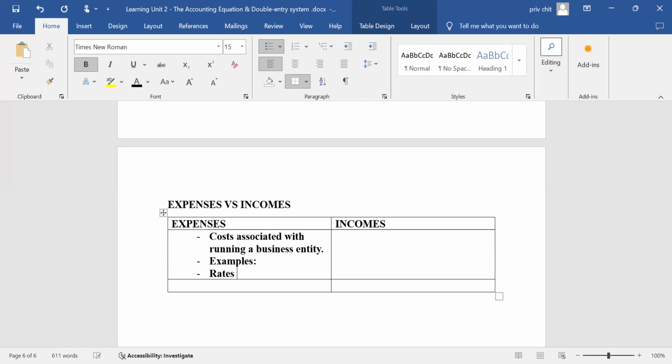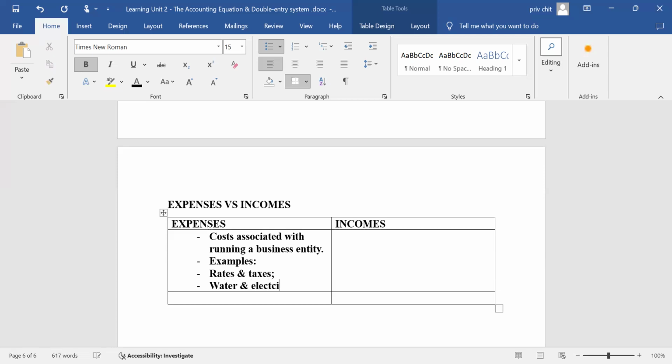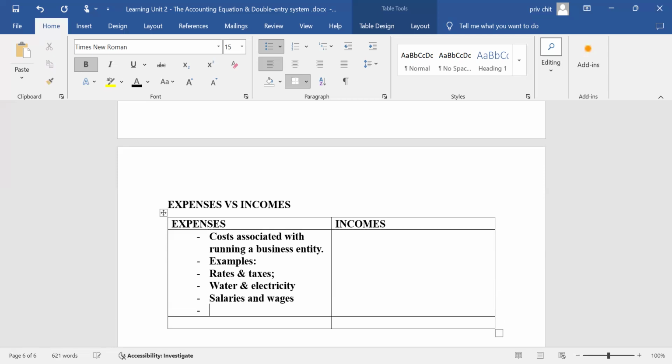What else? It says cost of sales. Yeah. Rent expense, salaries and wages, right? Yes.